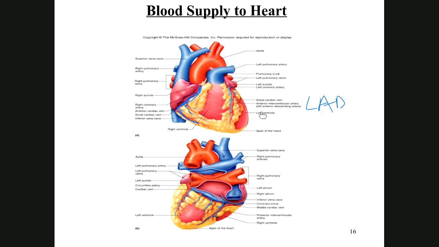Now, the question is, running along the anterior interventricular artery, what vein is this right here? It's called the great cardiac vein.